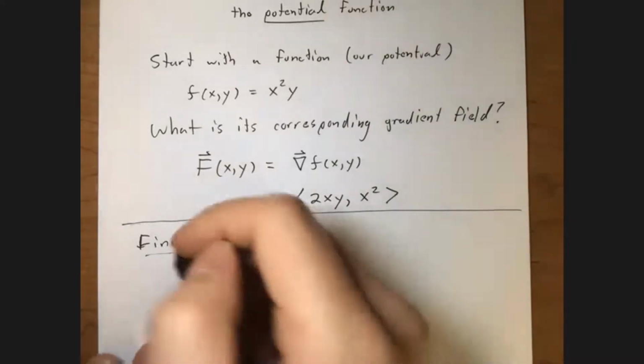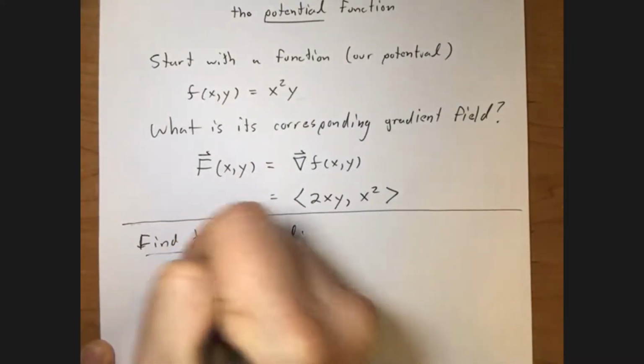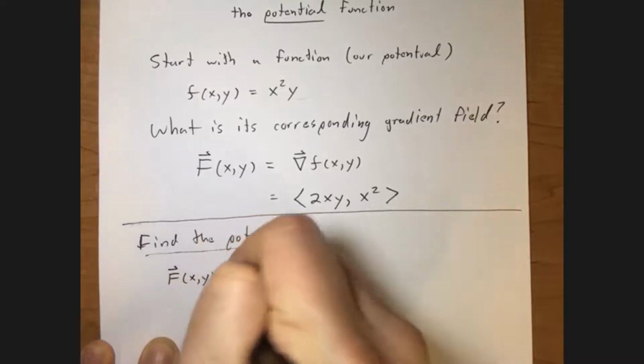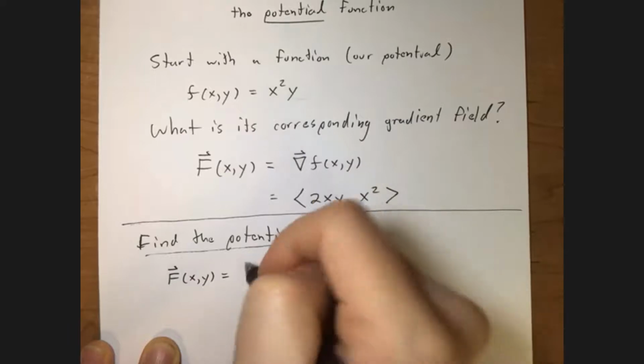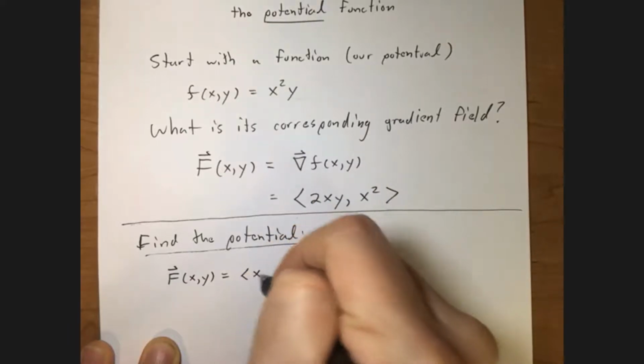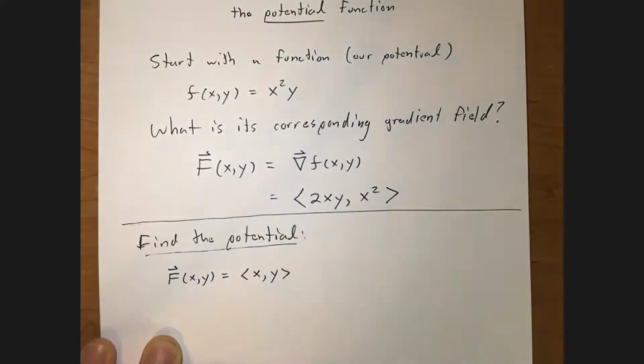Let's just try a very simple vector field. We will just do x comma y, the very first example we looked at. Okay, can we find a potential?